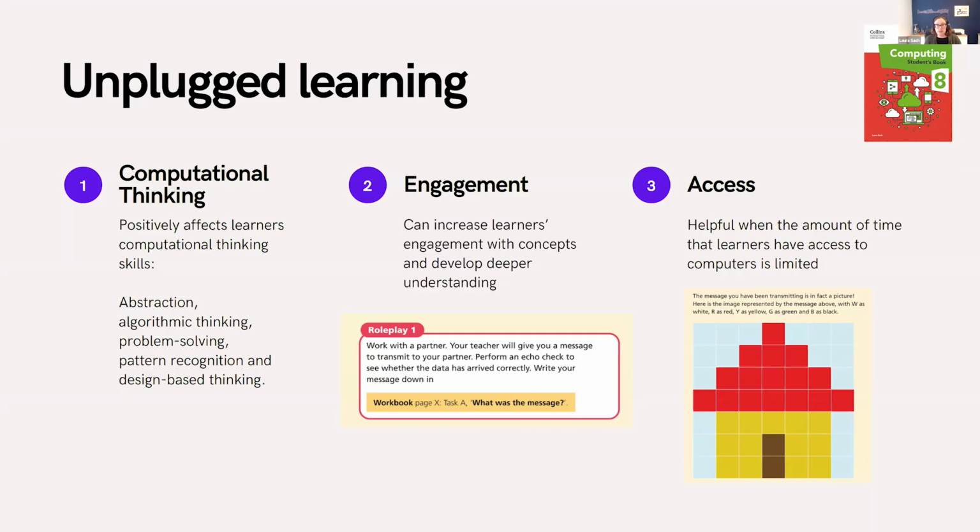Maybe you have to share them between classes. You can still do meaningful learning without needing a device or a particular device. So this example here is an activity where they transmit a message similar to the echo check message, but slightly different. And then they have to translate that into colors on a page, and it ends up as a picture.